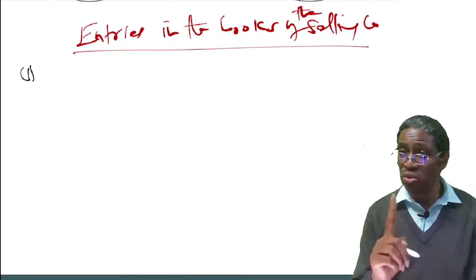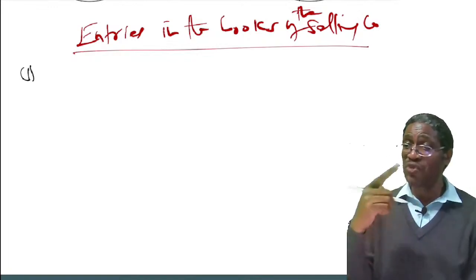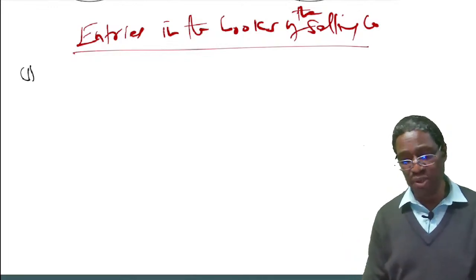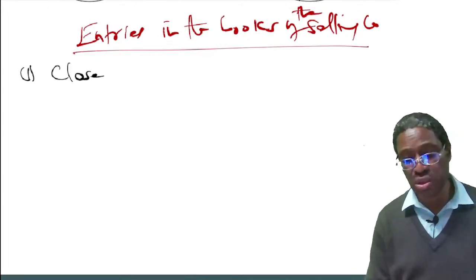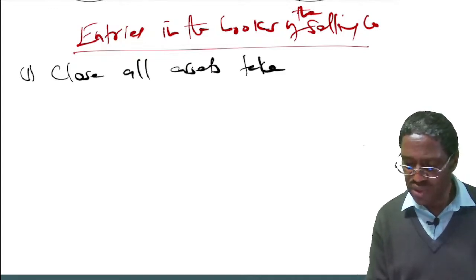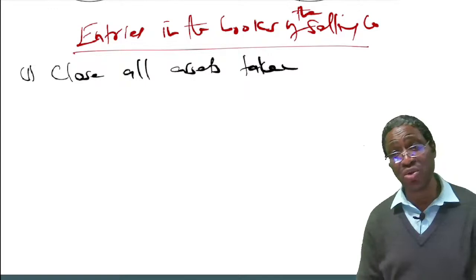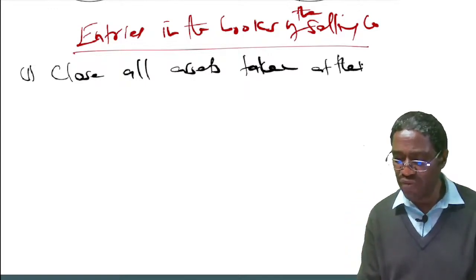So you as company A, with the assets that are being taken over from you by the purchasing company, step number one is to close all assets taken over by the purchasing company at their book values.